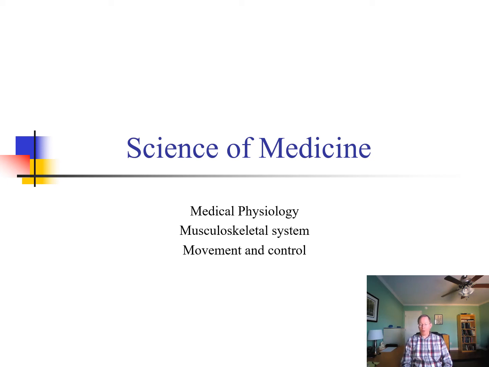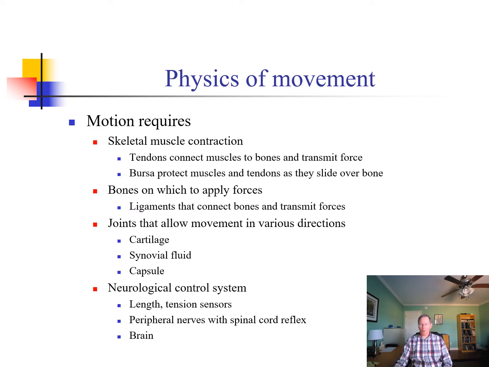I want to continue my discussion of the musculoskeletal system, but particularly pay attention to the movement and the control of that system. In order to move, skeletal muscle needs to contract, and that force needs to be transmitted to the bones.